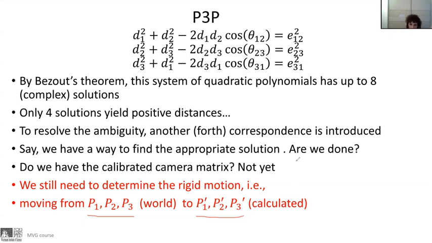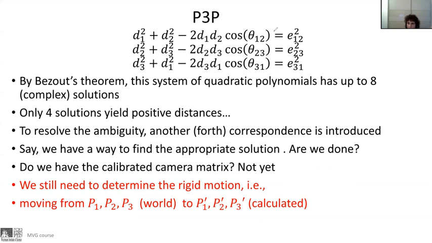So in order to move from Pi to Pi prime, I would like to calculate R and T, right? So I would like to explain now, when I have a set of points and another set of points which are related, for example, only by rotation, without the translation, just for now, how to move from one set of points to the other set of points.